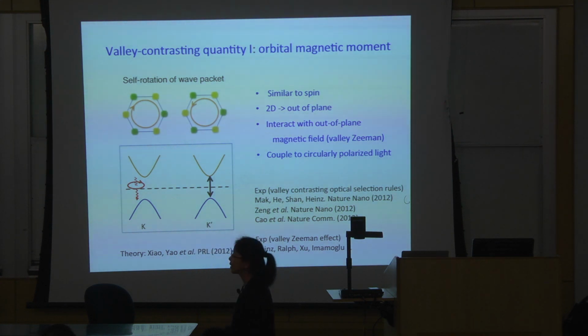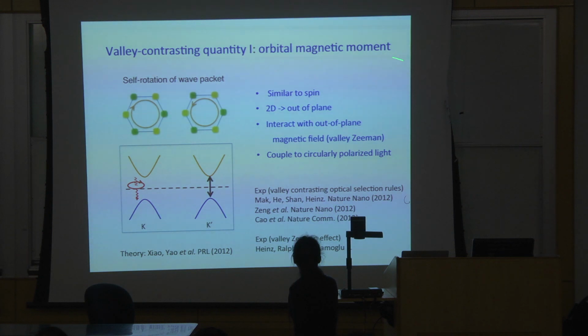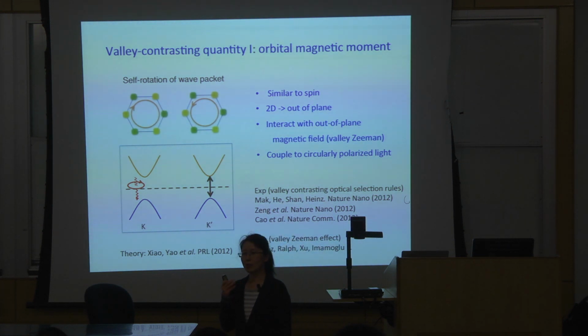So this valley couples to right-handed light, and this valley couples to left-handed light. This is a very convenient way to inject or probe the different valleys. So the valley-contrasting orbital magnetic moment gives us a distinct optical selection rule and also the Zeeman effect.